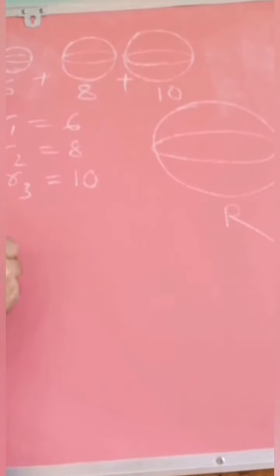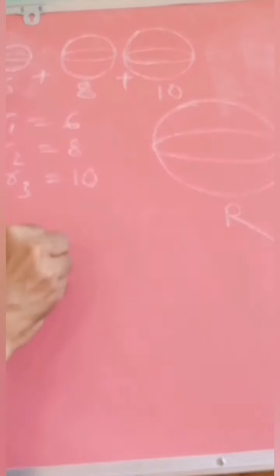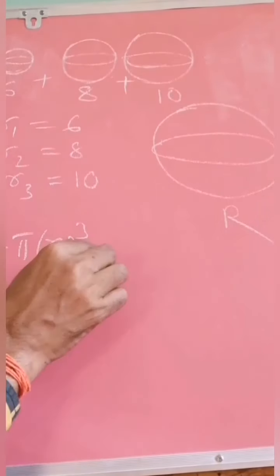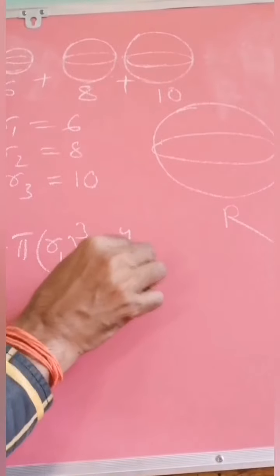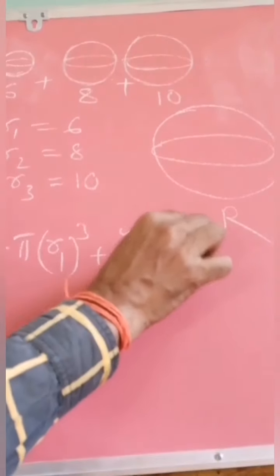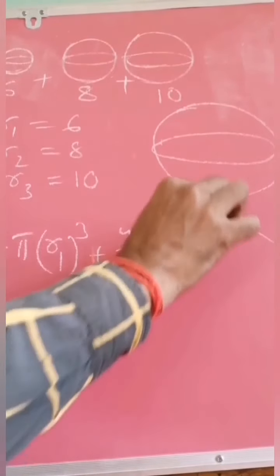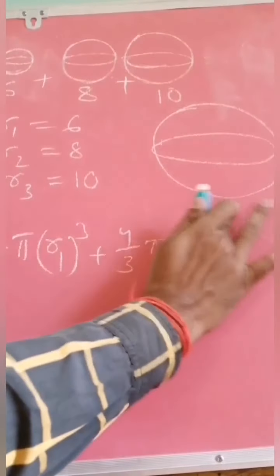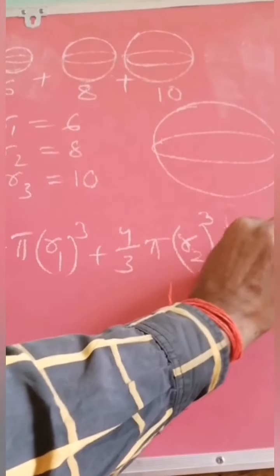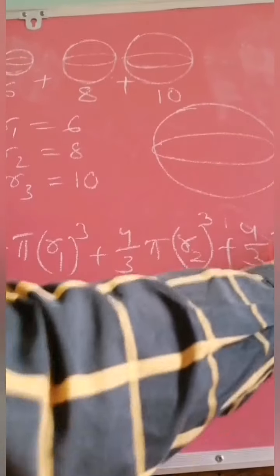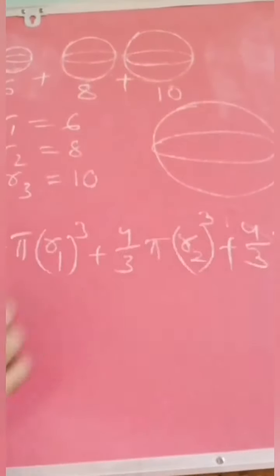Therefore, 4 by 3 pi r1 cube, plus 4 by 3 pi r2 cube, plus 4 by 3 pi r3 cube. The three we have to add.